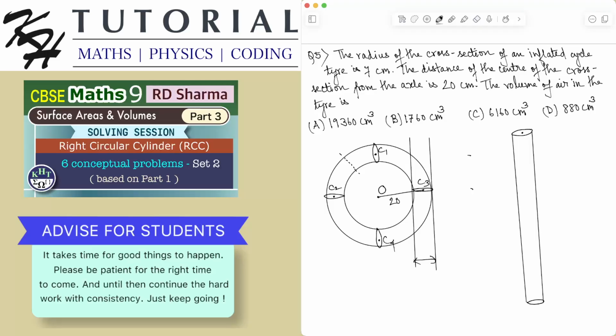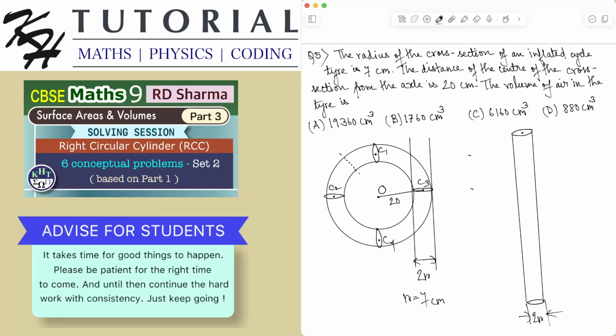The diameter of the cross section is twice r, where small r, the radius, is given as 7 centimeter. Similarly, this is the diameter, also twice r, where r is equal to 7 centimeter. So we can clearly see, if you consider the entire tire as an RCC, then the radius of the RCC will be the radius of the cross section of the tire.